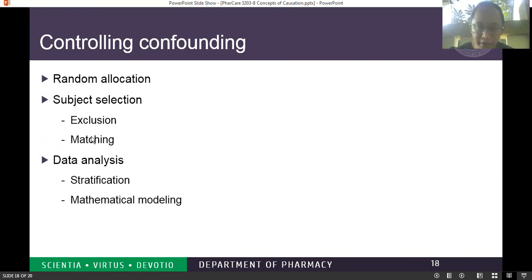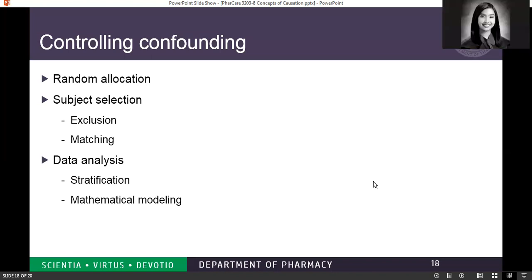Matching is a technique to find the member of one group that has the same characteristics as the member in another arm. And then in data analysis, we can use stratification and also mathematical modeling. So I think that's all that I can share with you.